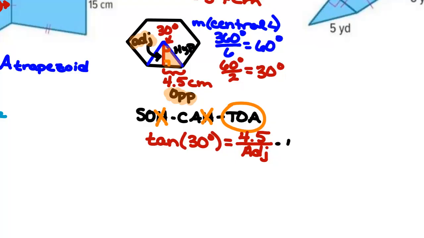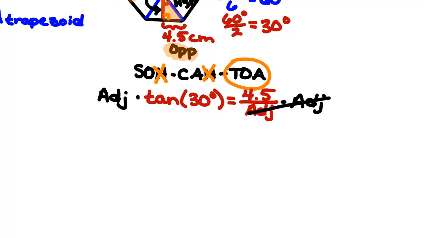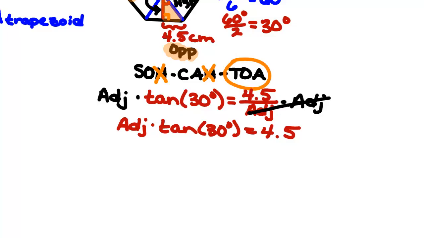We're going to multiply both sides by the adjacent side. That cancels out over here on the right. So then I have adjacent times the tangent of 30 degrees equals 4.5.